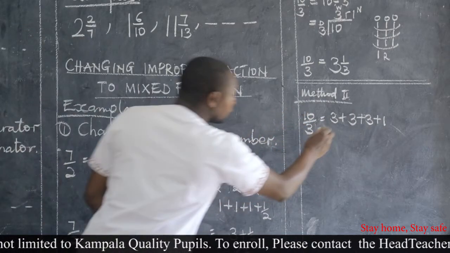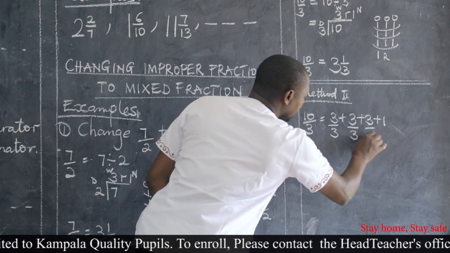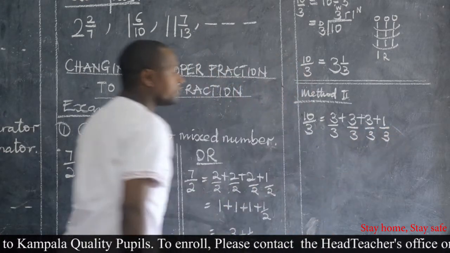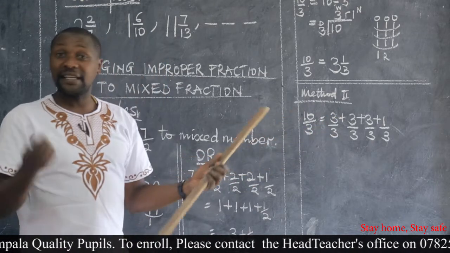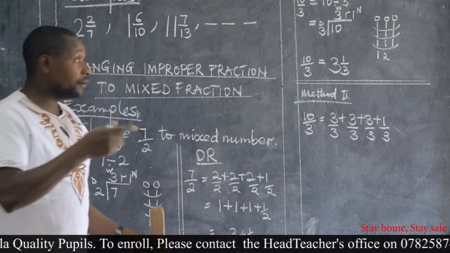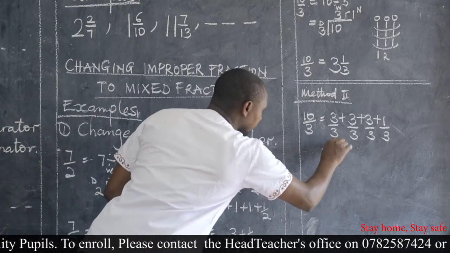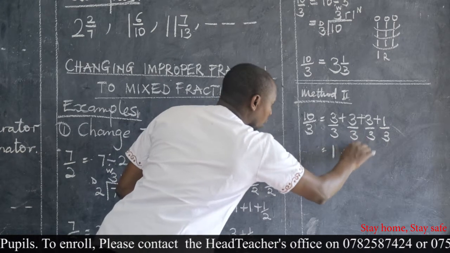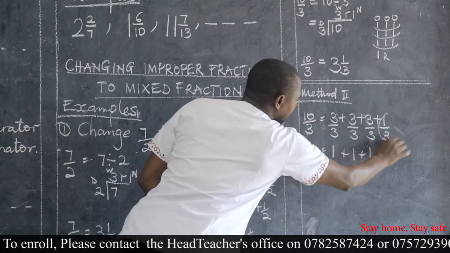But what do you do to the numerators? We maintain. In other words, we don't change the denominator. Now look, 3 divided by 3 gives us a whole. I remember you learned wholes in P1, P2. So this will give us a whole, plus this is also a whole, plus this is also a whole. But will this one give us a whole?